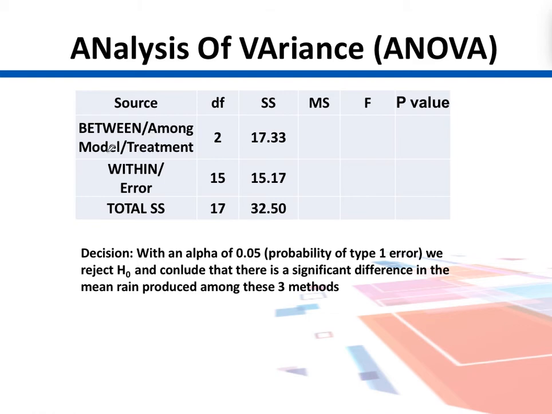So between or among, or we can also call it model or treatment. This term is here and this is its respective sum of square. We can call it between sum of square if we have two treatments, among sum of squares if we have more than two, or model or treatment sum of square. All names for the same thing.